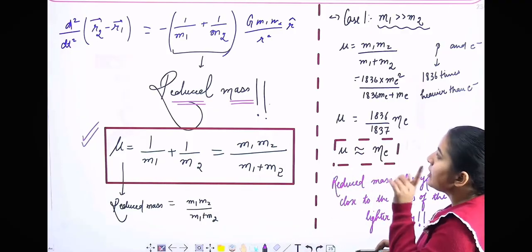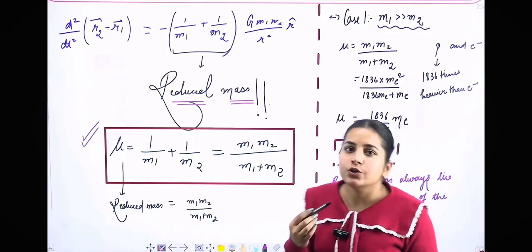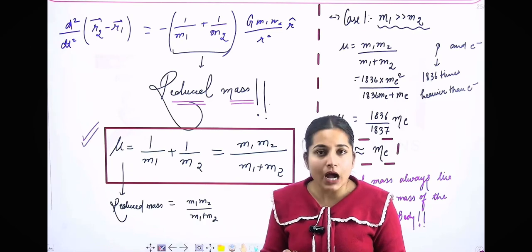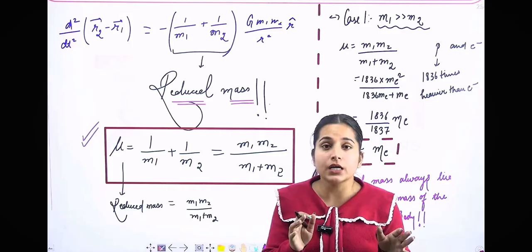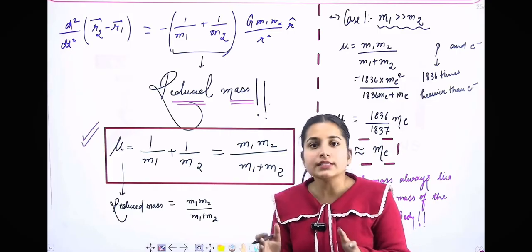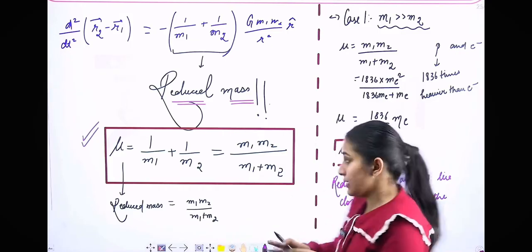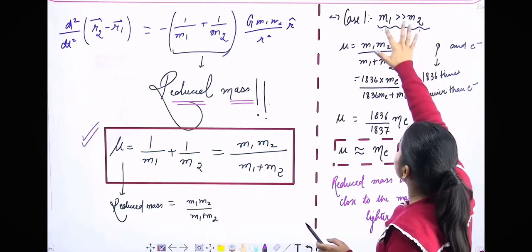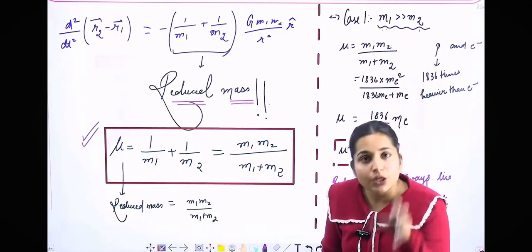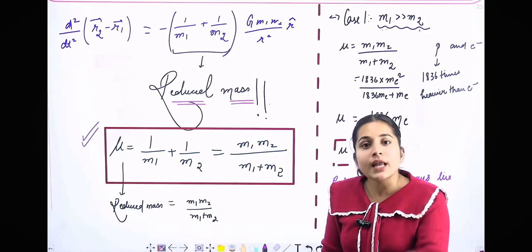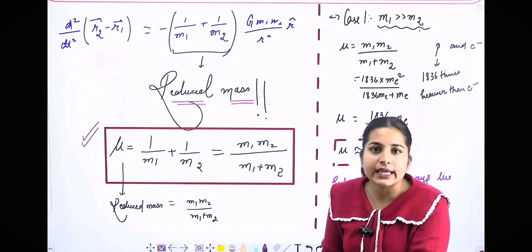And an important point to remember about the reduced mass is that जब भी हम दो बॉडीज का रिड्यूस मास लेते हैं और उनमें से अगर कोई बॉडी बहुत ज्यादा हैवी है दूसरी बॉडी से, that is, two bodies m1 and m2 in which m1 is heavier and m2 is very very lighter than m1, तो रिड्यूस मास आपका हमेशा लाइटर बॉडी के पास ही लाई करेगा.